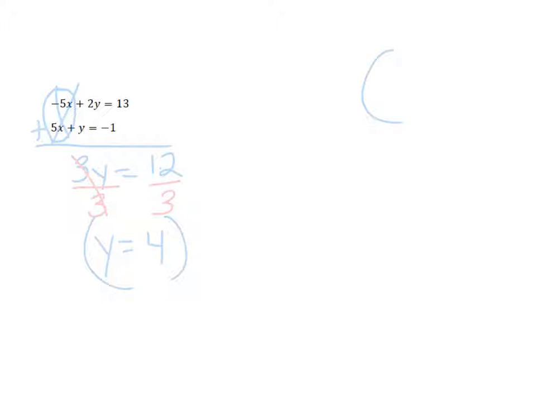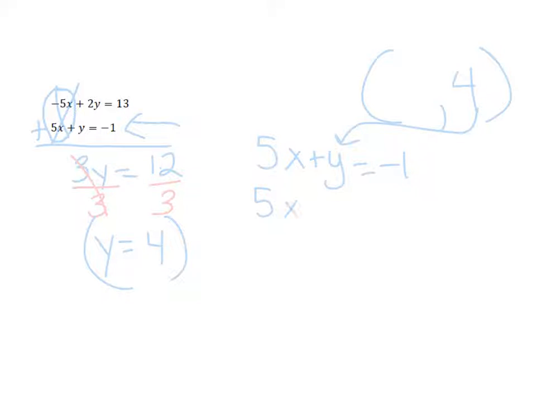Again, I'm looking for the intersection point, so I need to find the x value. They have to work in both of the equations. This bottom equation looks a little nicer, so I'm going to use that one. You could use the top one. So I get 5x plus y equals negative 1. Take that 4 and plug it in for y.